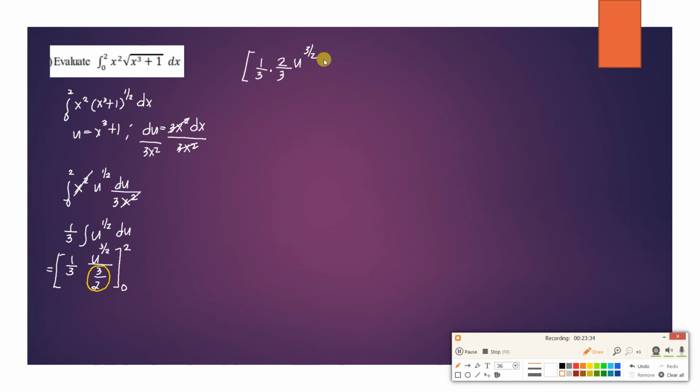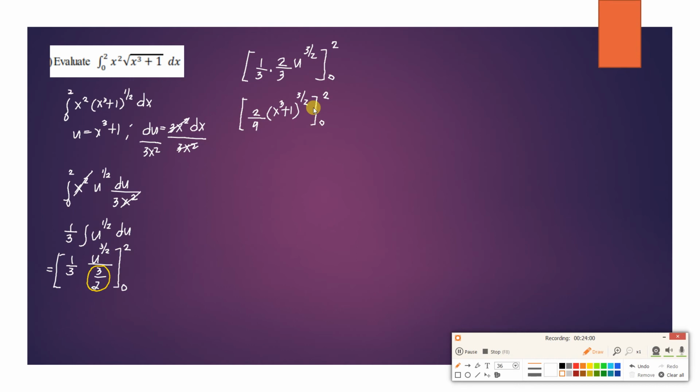Okay, wala ng plus c ha, kasi definite na siya. From 0 to 2. So, simplify muna natin before natin i-apply ang limits. So, 1 times 2 is 2. Over 3 times 3 is 9, where our u is being represented by x cubed plus 1 raised to 3 halves. Okay, and we have the limits from 0 to 2.